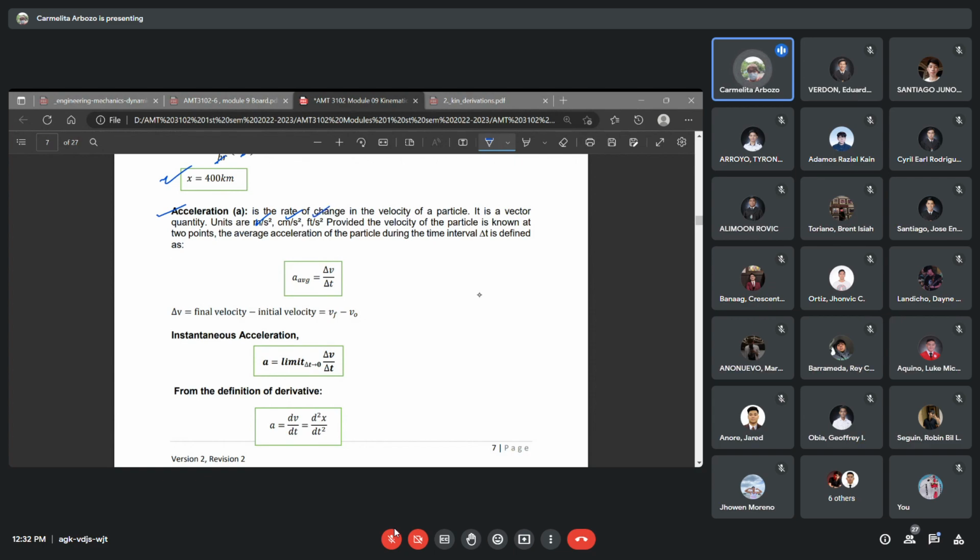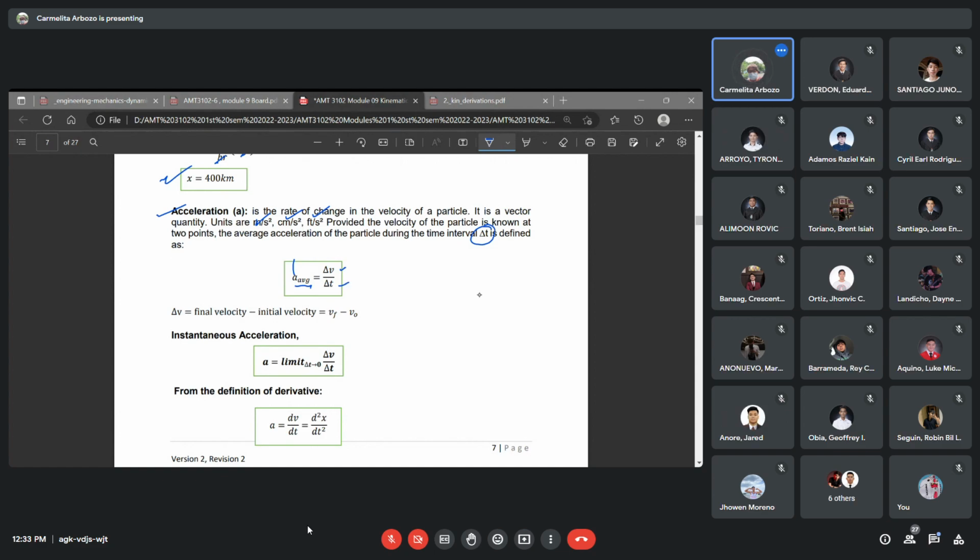Provided the velocity of a particle is known at 2 points, the average acceleration of the particle during the time interval delta t is defined by the formula: average acceleration is equal to the change in velocity divided by the change in time.